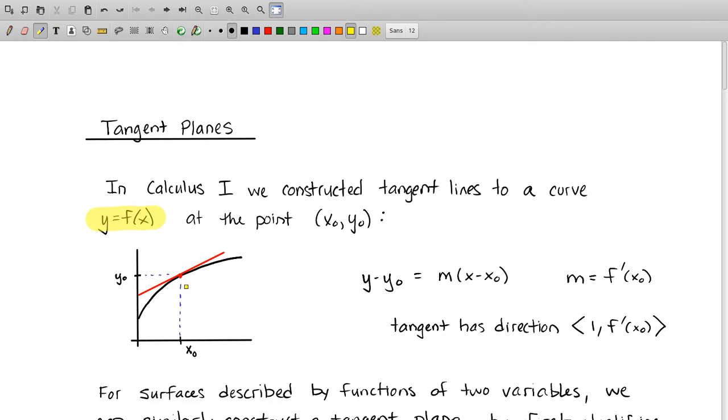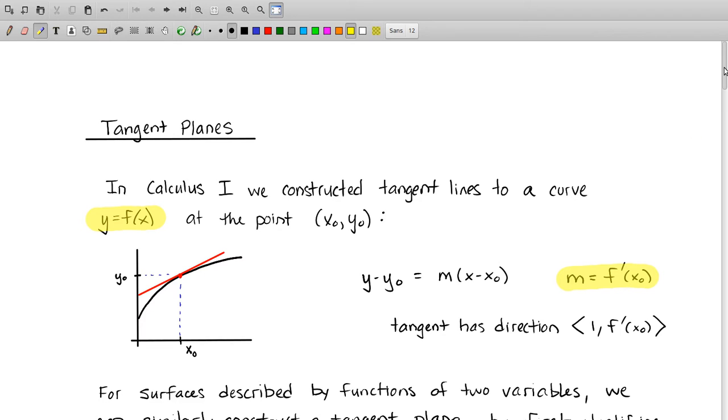And so the way we construct these lines, if asked, is to use point slope form. We've got the point x naught, y naught, and we've got the slope m equal to f prime of x at that point, so we can set up this equation for the line.